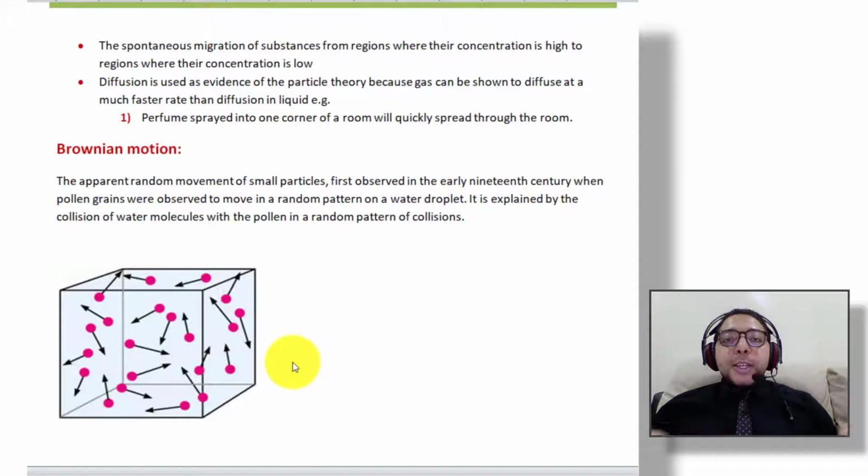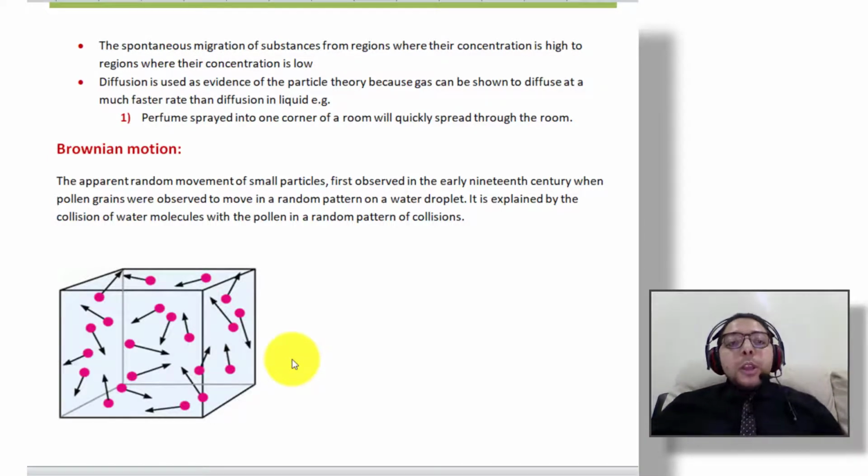He concluded that the water particles around the pollen grain and the dust are the reason why these particles are moving. The water particles are hitting the pollen grains and the dust particles in a random movement, which causes the appearance of movement of the pollen grain and the dust particle.